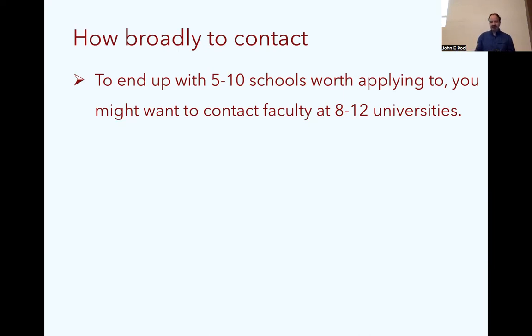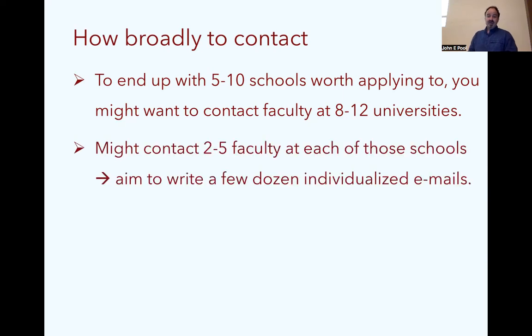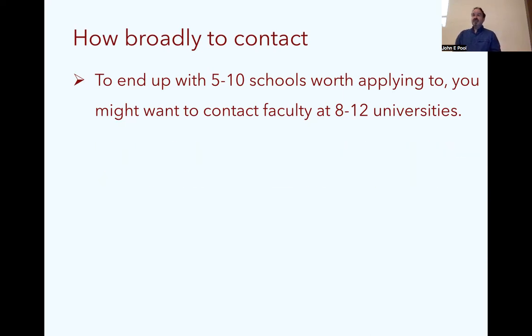In other cases, faculty aren't responding, or they're not expecting to be taking students. So, that's why I suggested here you might want to contact faculty at somewhere between 8 and 12 universities, so that you can whittle that down in terms of which ones you ultimately apply to, partly based on the outcomes of these contacts. And I've sometimes heard from students who didn't end up applying.